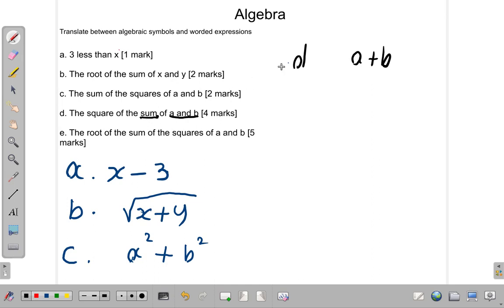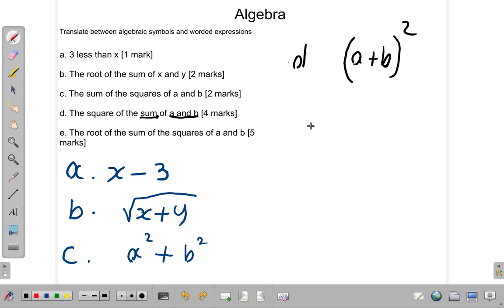Now notice it is not A squared plus B squared. So the square of all of that. So it's going to be all of this and you square. So what you would have is A plus B all squared, and you get your 4 marks for that. Alright, so if you had that, give yourself 4 marks.